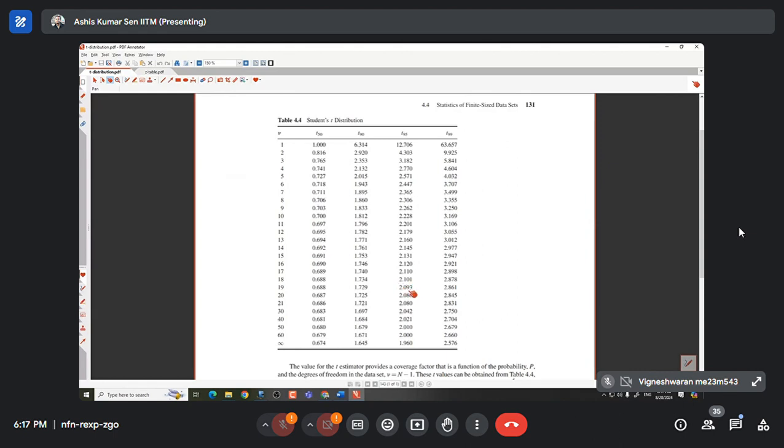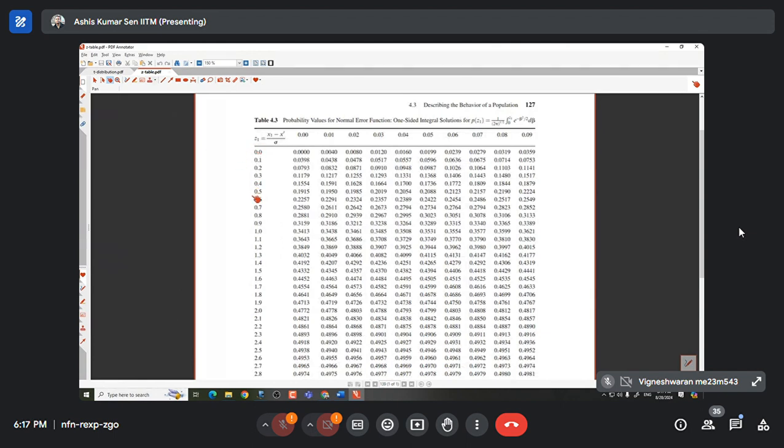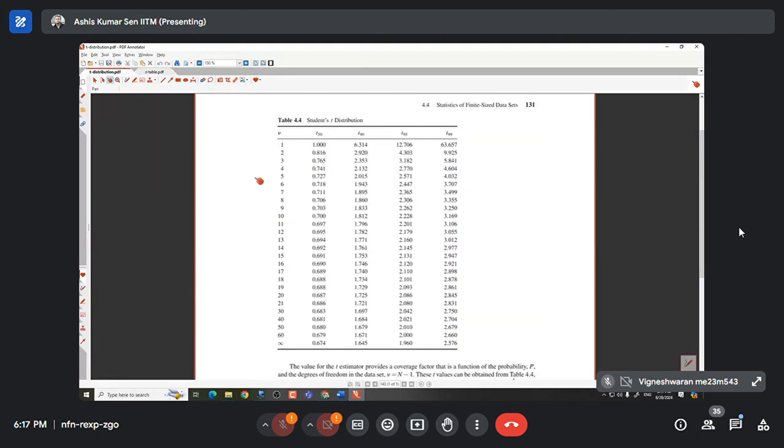Unlike the Z distribution, where the rows are the value of Z and you find the probability, in the t distribution table you have the degree of freedom, which is n-1, and corresponding to the probability, you read the value of t. You can also do the reverse, but it is the way it is tabulated. So for this particular case, the value of t is 2.093.